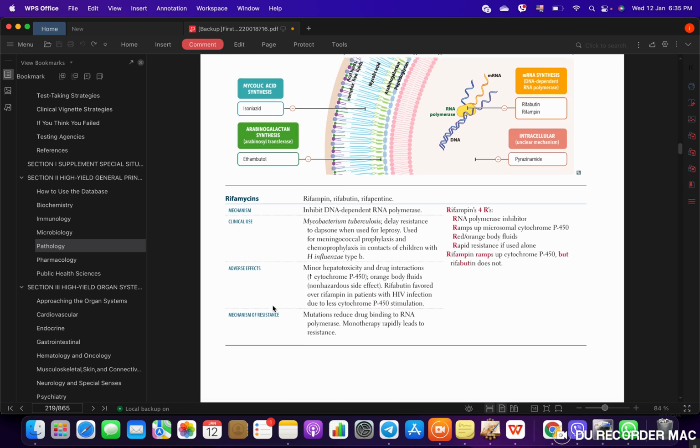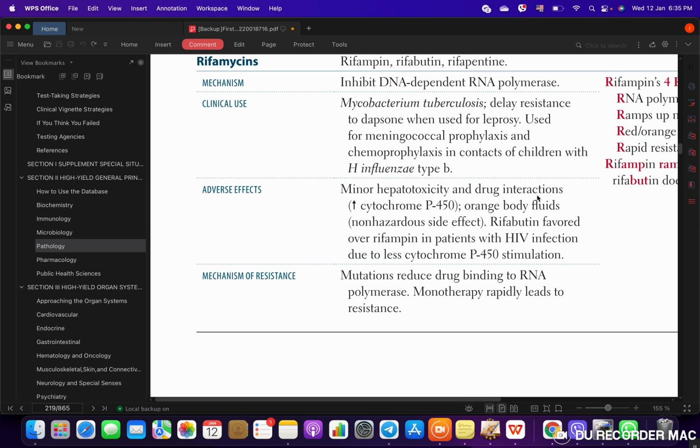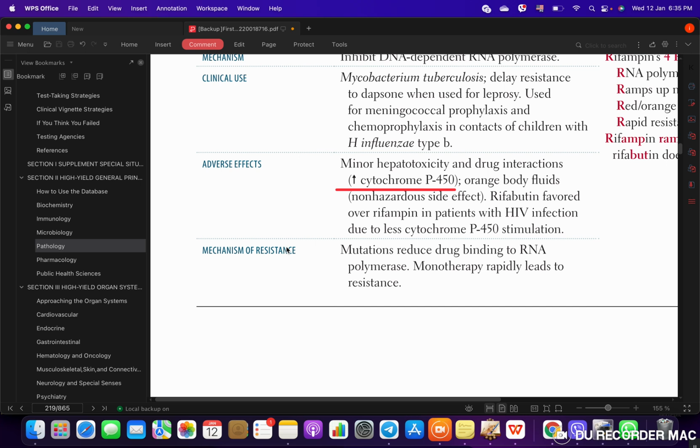The adverse effects include minor hepatotoxicity and drug interactions. It leads to induction of the cytochrome P450, which leads to quicker metabolism of other drugs. So what is going to happen to the bioavailability of the drugs when we use it?